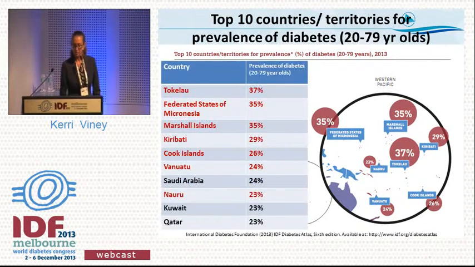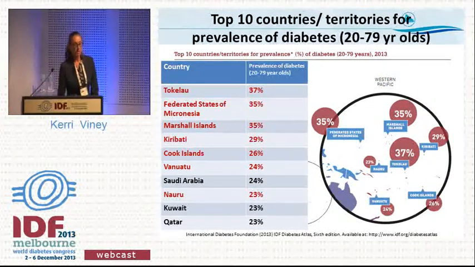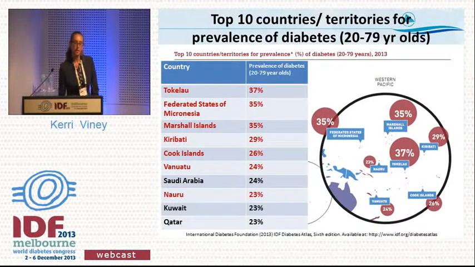So 37% in Tokelau, which is a very small country near Samoa, 35% in 2 of the Micronesian countries in the northern Pacific, 29% in Kiribati, where I did some of my research, and so on. And so you can see that in the Pacific we have a problem with diabetes.